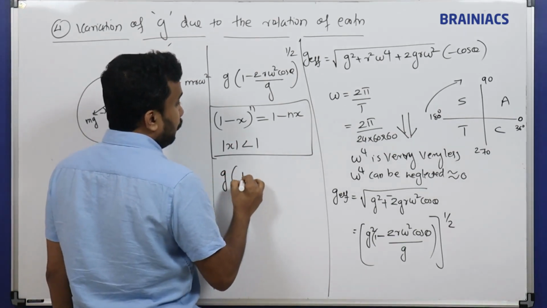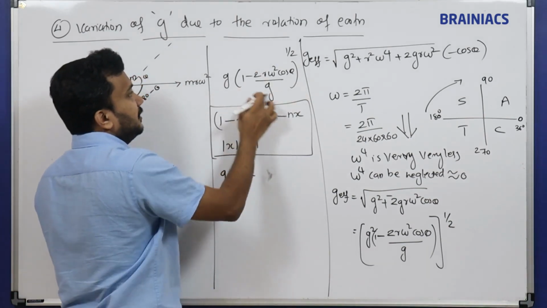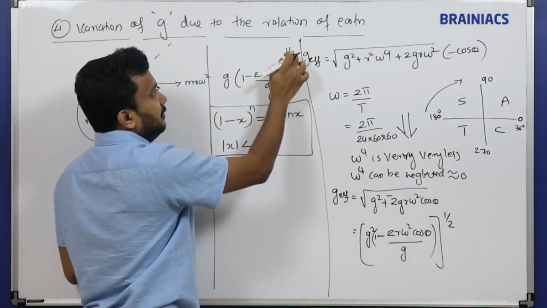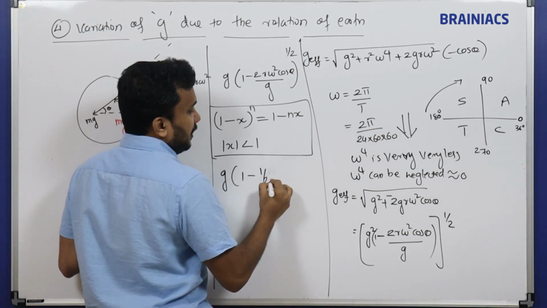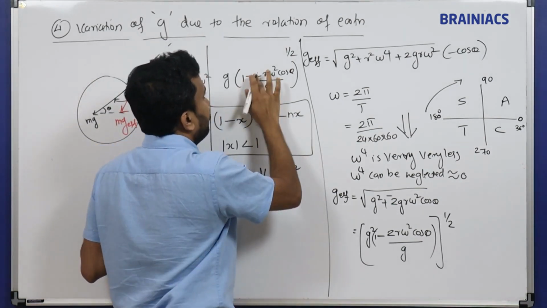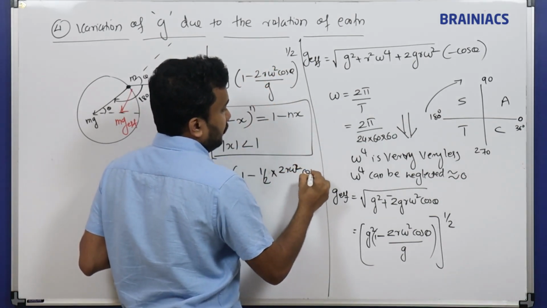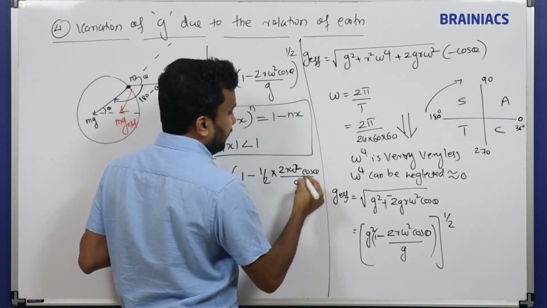So g into 1 minus nx. This whole term is called x. n means what? 1 by 2. So 1 by 2 into x. x means 2r omega square cos theta whole divided by g.